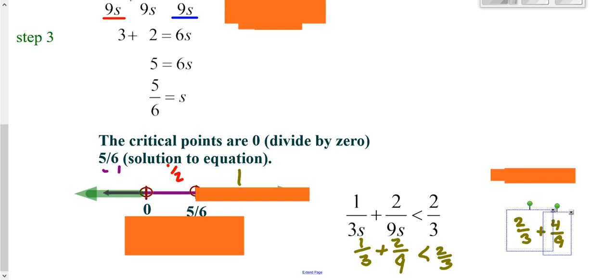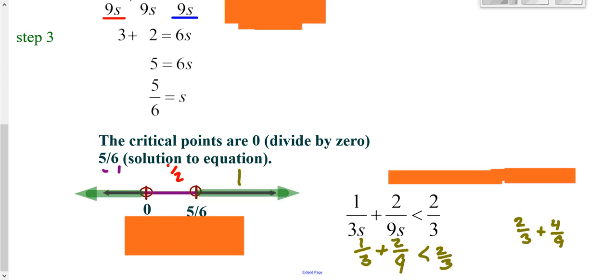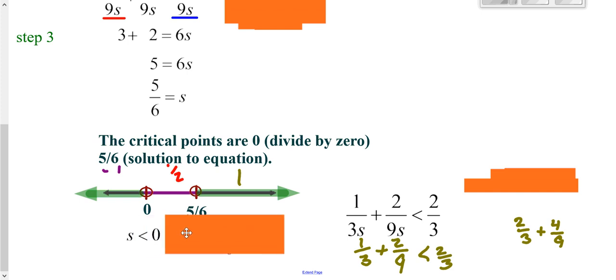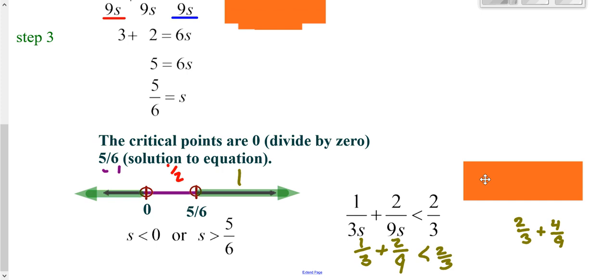So it does work, so I need to shade over there. So now I can write my answer off of my number line. I have two totally separate regions that work, so I need to write it as two totally separate inequalities. What's to the left of 0, or what's to the right of 5/6?